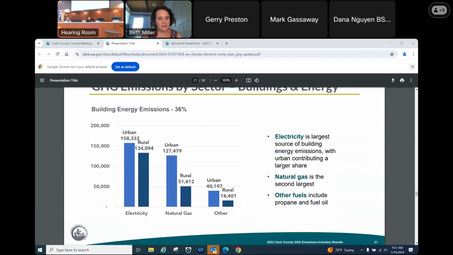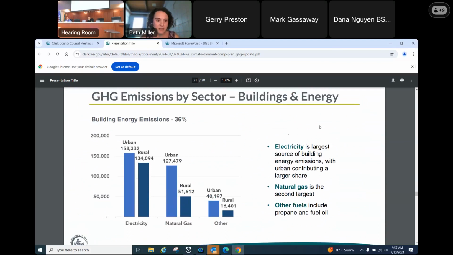The next section, let's dive into where all this comes from. Building energy emissions, again, 36% of the total county emissions. Most of that is from electricity, and that's fairly evenly split between urban and rural.